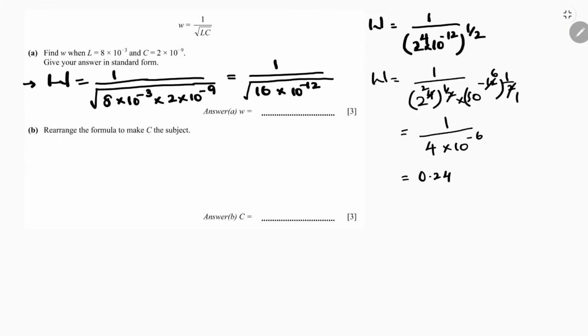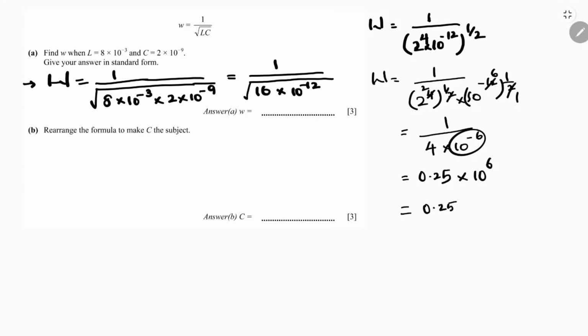So 0.25 into 1 by 10 power 6, I can write it as, if I take this value to the numerator, it will become plus 6. So 0.25 into 10 power 6.